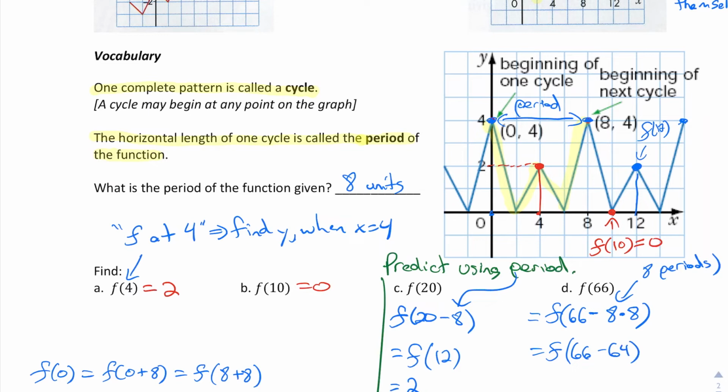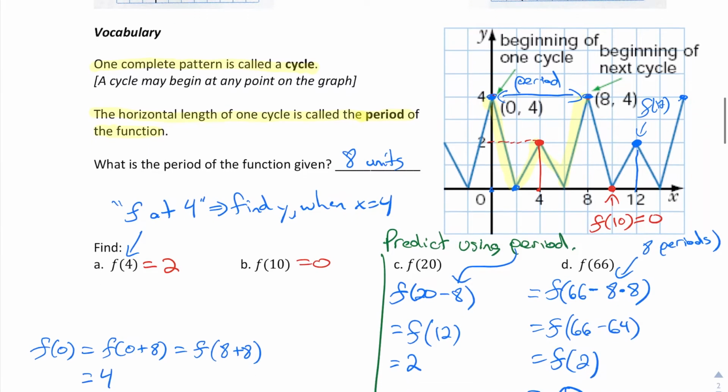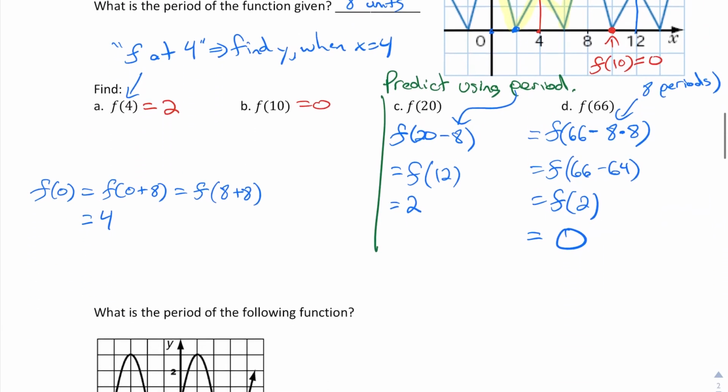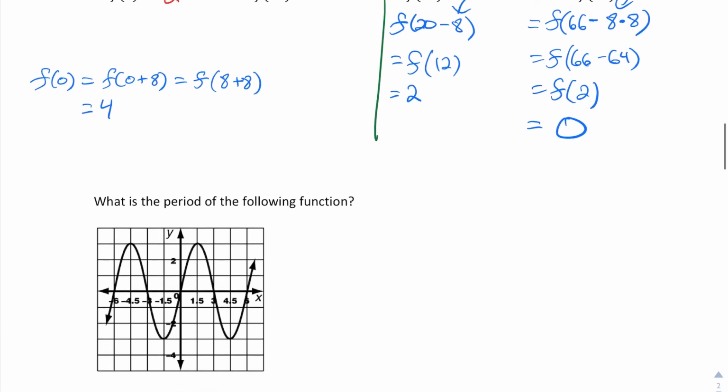What I get is f at 66 minus 64. It's like I've gone back onto my graph, and that is just going to be f at 2. 66 minus 64 gives me 2. So I go to f at 2, and f at 2 is 0. And so you're using the values that are there to figure things out using the period length. Not too bad, but good to do.